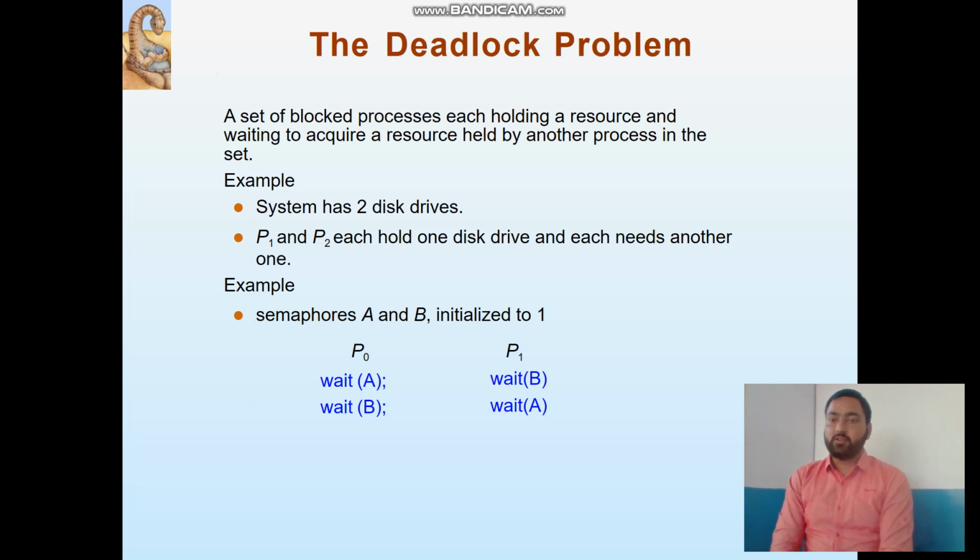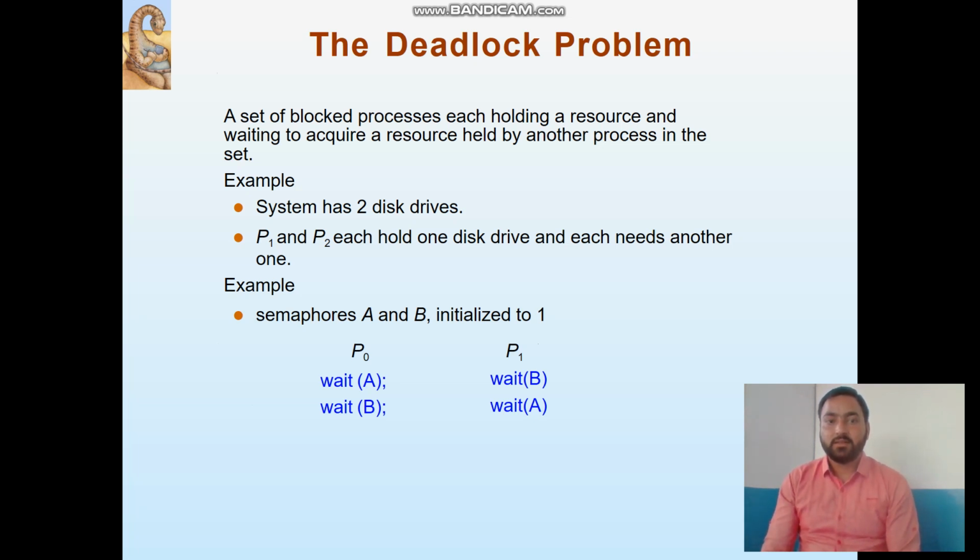So what is the deadlock problem? It is the state in which a set of processes are blocked while holding resources. For example, say there are two disks in the system and two processes, P1 and P2. Process P1 is holding access of disk 1 and process P2 is holding access of disk 2.